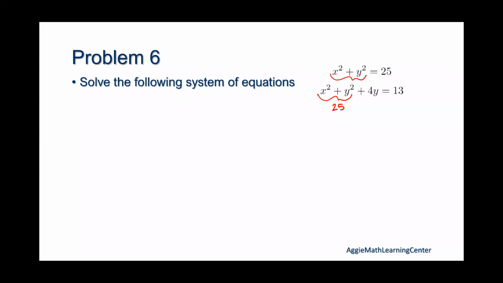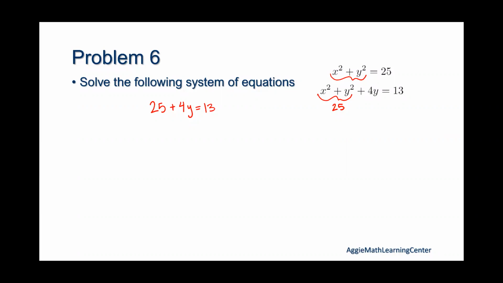Usually if one of them is linear, like in the last one, where one had a square and the other was linear, you can just solve for y. But if they have the squared in both of them, there will almost always be something like that. I don't want to say always, because then some student finds a problem and asks, what about this one? Sorry.